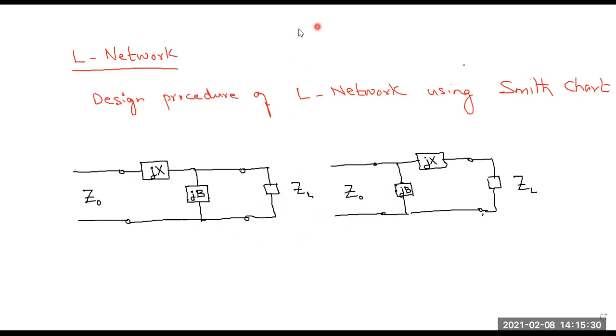Let me write down those points. These are the two steps. The first step is selection of a suitable L network.